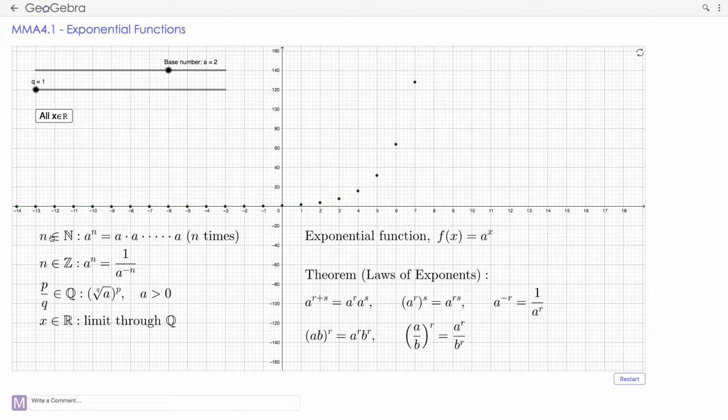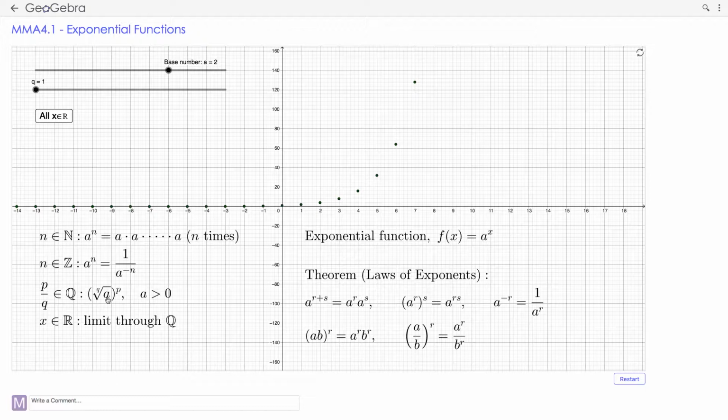Now we know how to do it for integers, and the next question one might ask is, what do we do with fractions? If p over q is a fraction, then we know how to find the qth root of a number. It's the positive number that to the power q equals a.